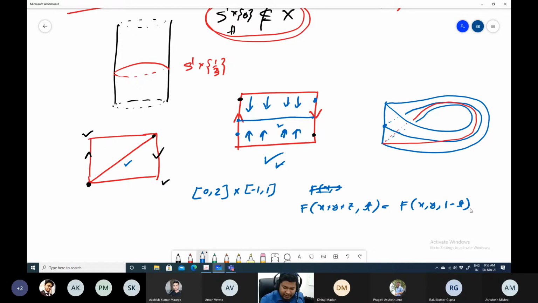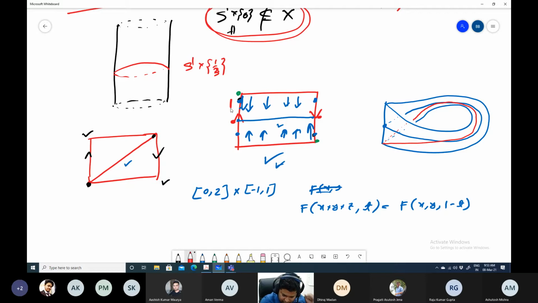Why is this? Note that when we are deforming in this way, we know that this point is the same as this point, right? This is going in this direction, and this is also going in this direction. So that means continuity stays. Did you get what I'm saying? These points are actually the same points, and these red points are the same points, right?